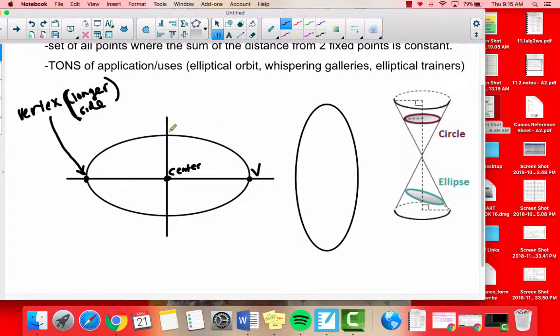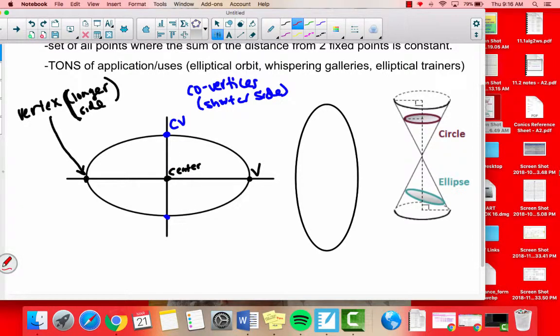Okay, the co-vertices, so I'll put those here in blue, are the other sides of the ellipse. I'm going to label those CV, and those are going to be on the shorter side. All right, so we have two vertices, two co-vertices, and then the center.